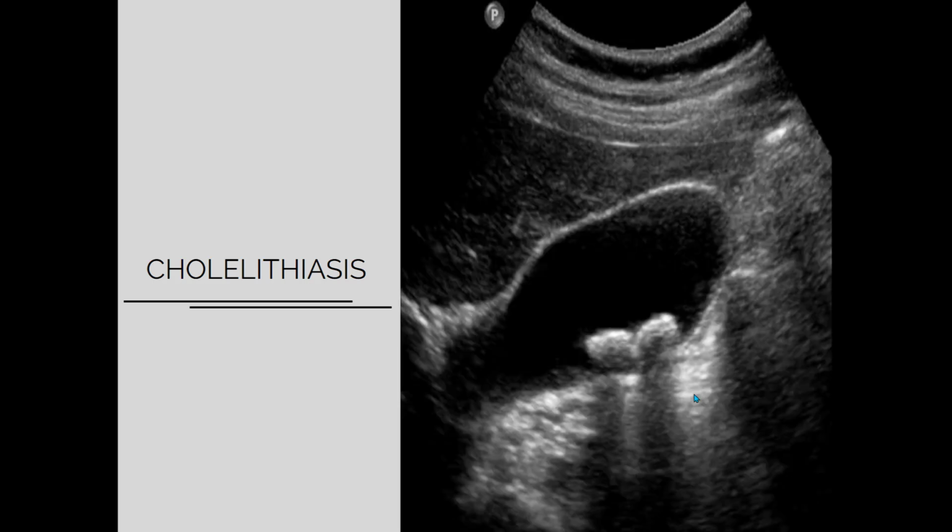Okay, here also the shape is that of the gallbladder, and there are 2 hyperechoic lesions and along with the posterior acoustic shadowing. Okay, so this is basically cholelithiasis.